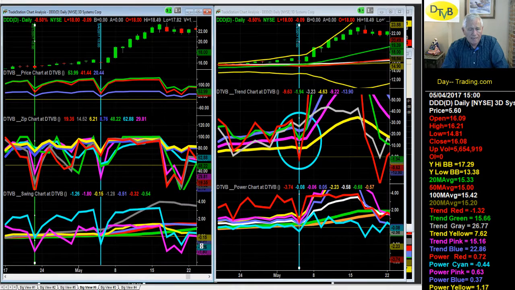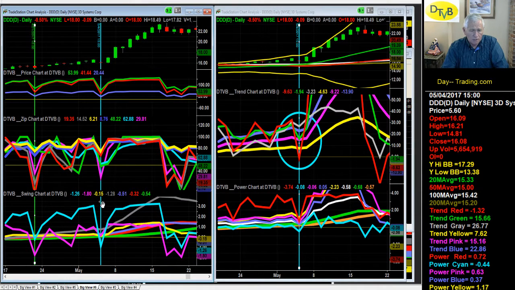Over on the Zion line in the zip chart, we have a zip pink lowest. Remember, zip pink is your price barometer, along with swing Zion. That's the swing Zion right here in this chart, and the 3 price lines, green, red, and blue. All 5 of those are price barometers, and they track the price.